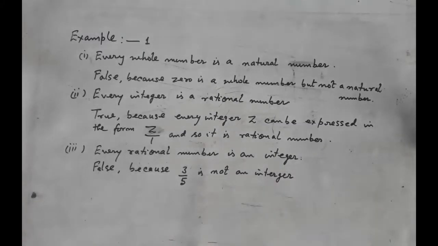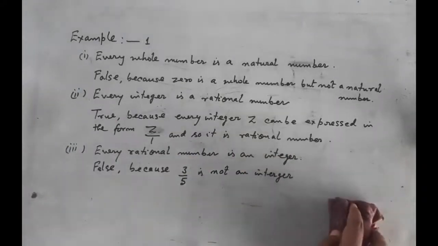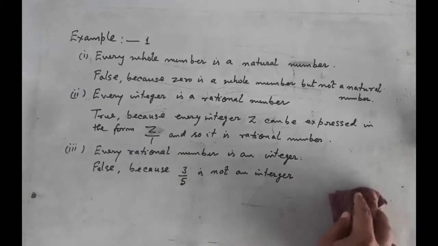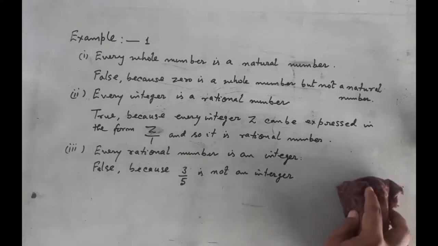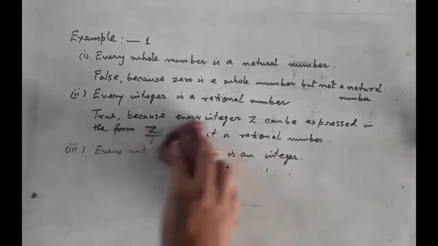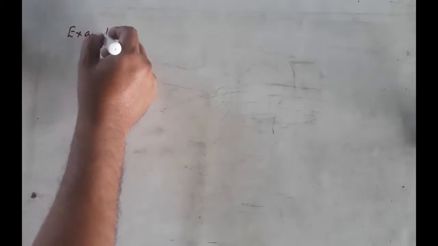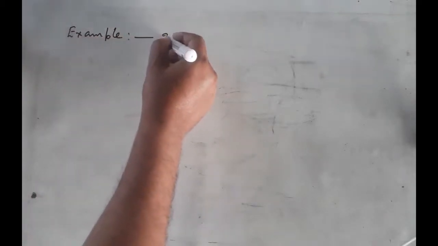Next, example second. In example second, we discuss the rational numbers between two given numbers. Now we are coming to example second.